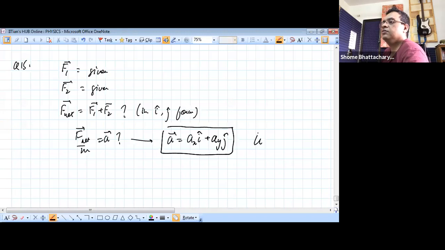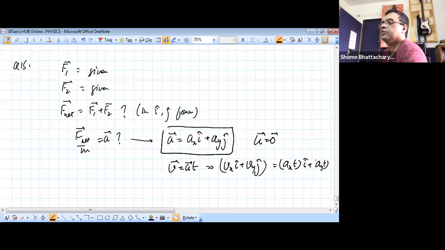Now your initial velocity is 0. So velocity at time t will just become acceleration into t. So in component form, this will become Vx i cap plus Vy j cap. On the other side it will become ax into t i cap plus ay into t j cap.